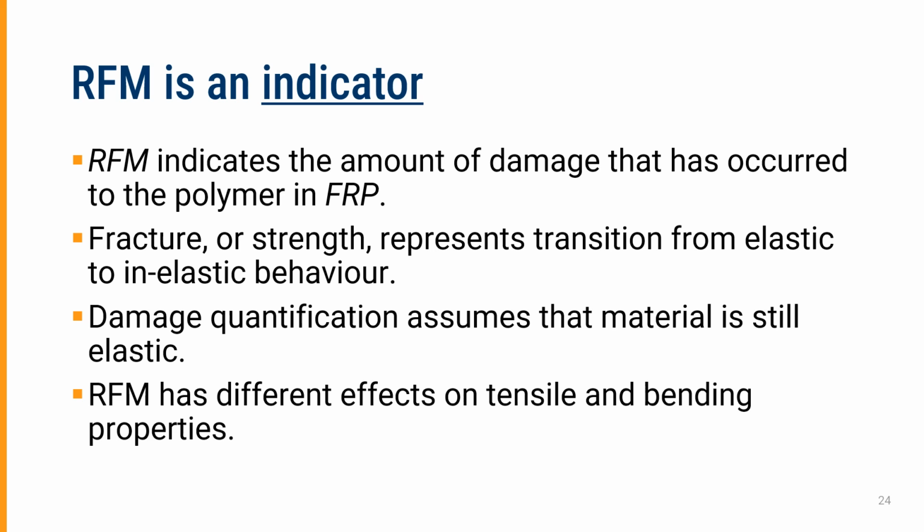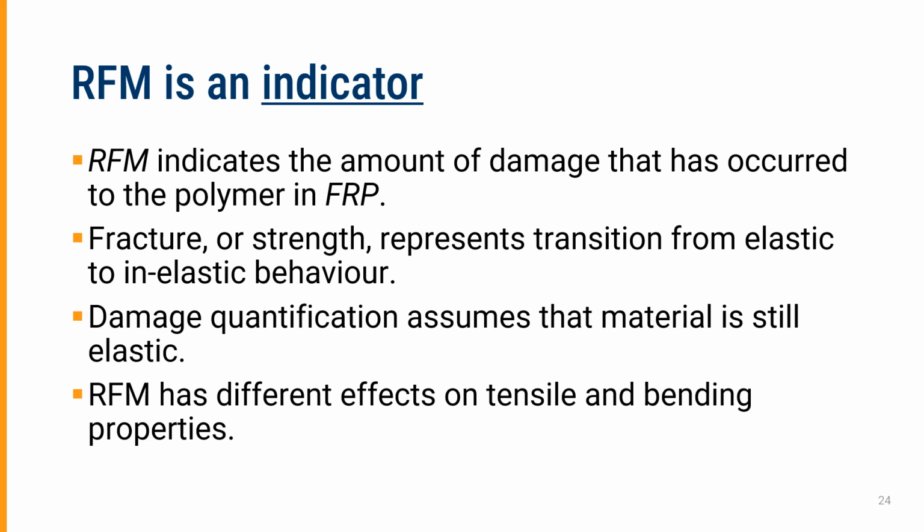And in fact, fracture or strength represents that transition from elastic to inelastic. So what we're looking for is to use this indicator to find at what strain level we will see that failure or fracture. When we quantify damage, we assume that material is still elastic.